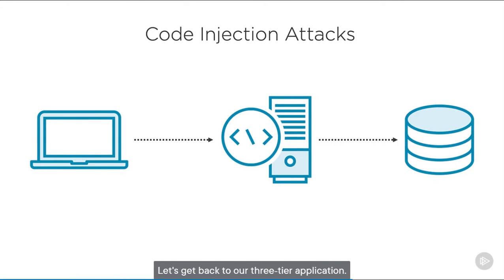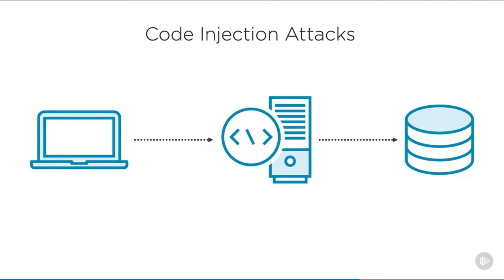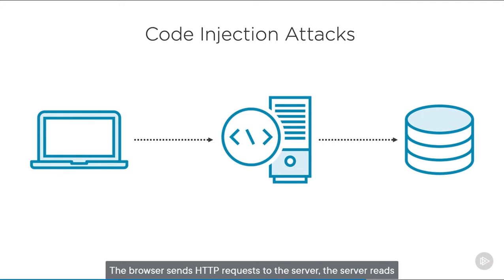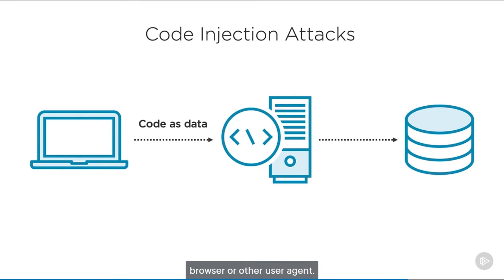Let's get back to our three-tier application. The browser sends HTTP requests to the server, which reads or writes the data from the database, and sends the response back to the browser. Code injection attacks originate from the browser or other user agent.